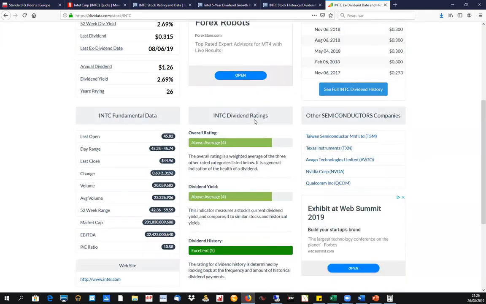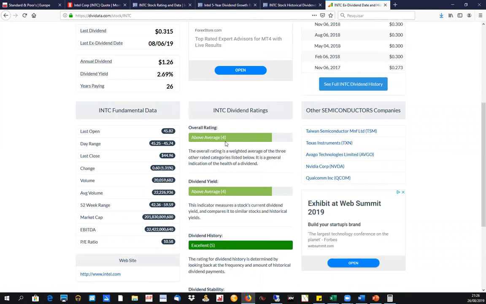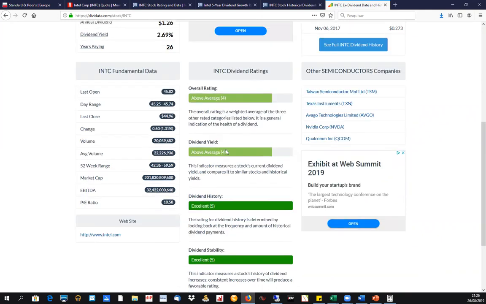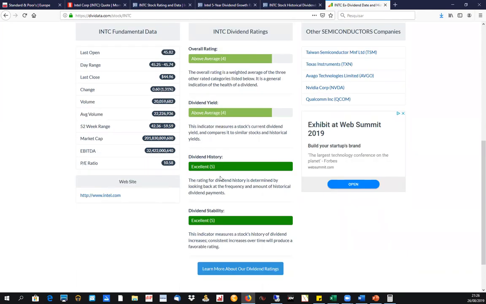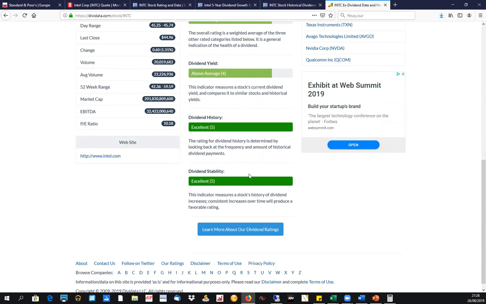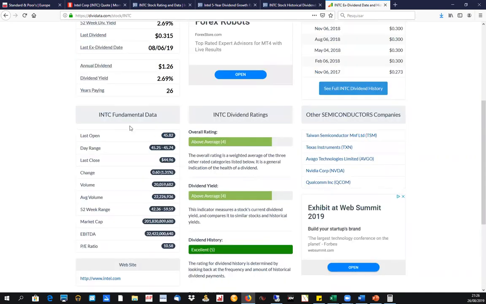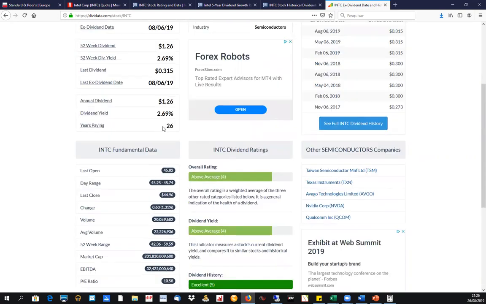We have here the overall rating, above average, the dividend yield above average, dividend history excellent, stability excellent. Years paying dividend for Intel, 26 years.